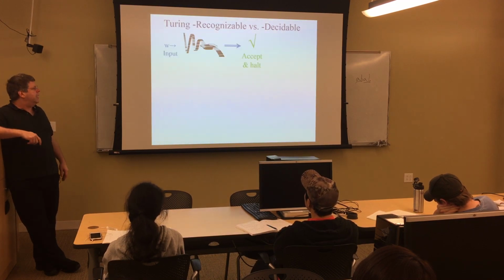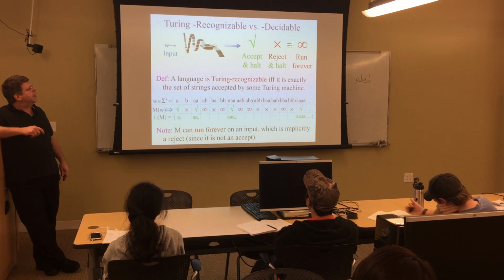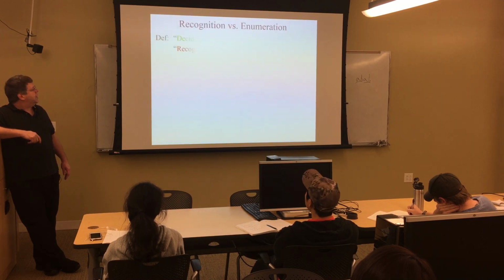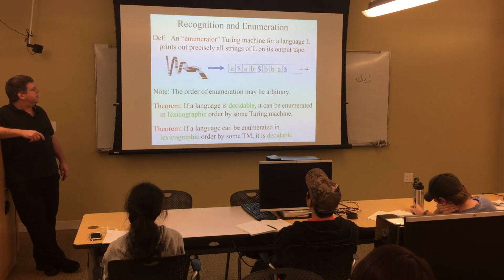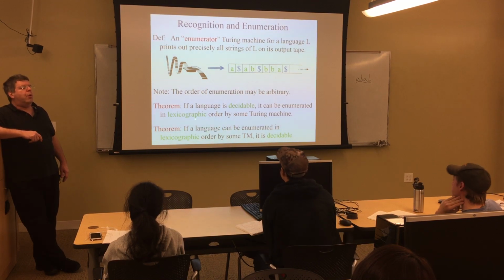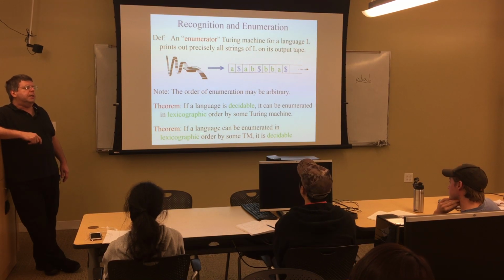That's what recognizers do. They're allowed to run forever, right? So here are some running forever. So the first theorem is I built a lexicographic ordering from a decider.